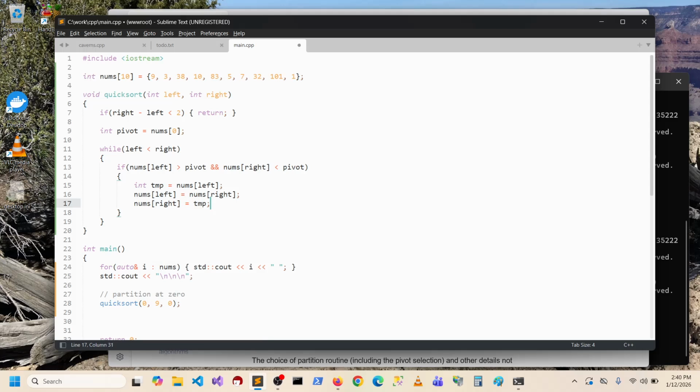So we swap that. Okay, otherwise, because if one needs to be swapped but the other doesn't, we need to stop the one that needs to be swapped, but the other one has to keep moving.